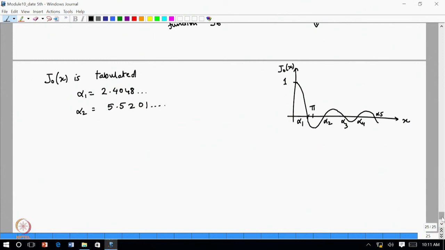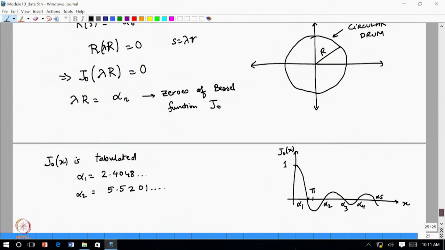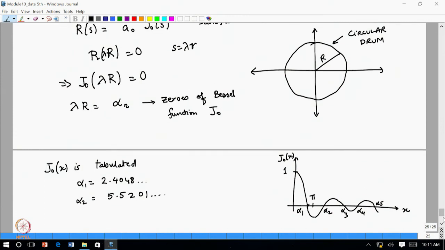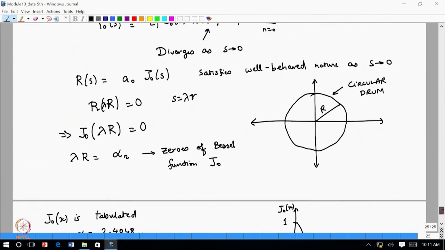So, what we have is that lambda times capital R should be equal to alpha n. Therefore, lambda should be equal to alpha n divided by R. Let me take a different name.